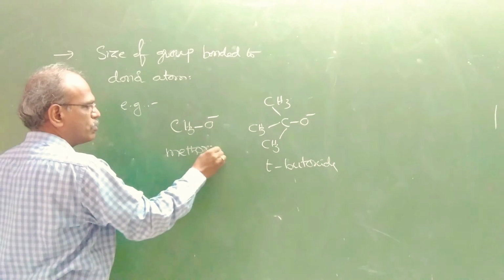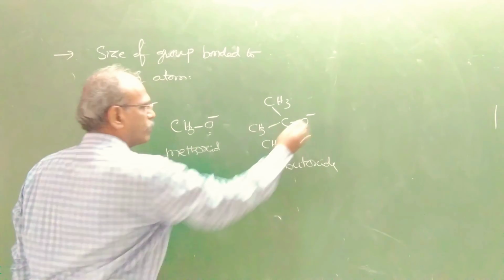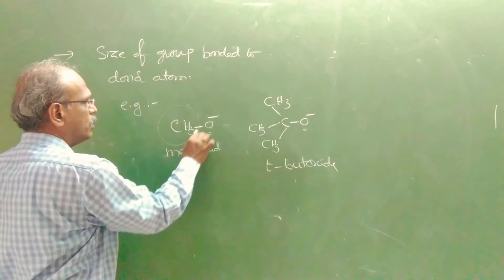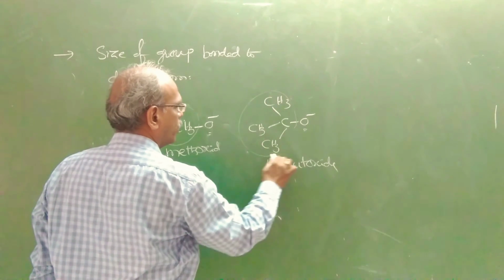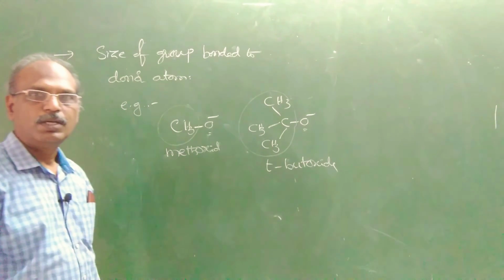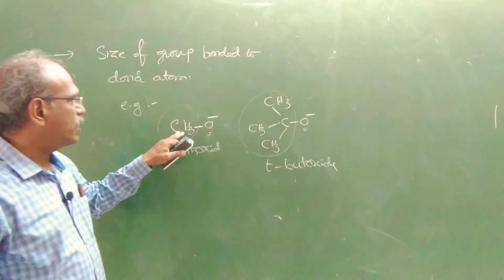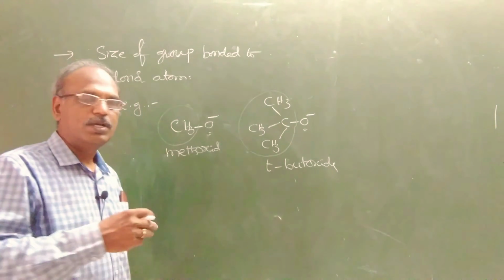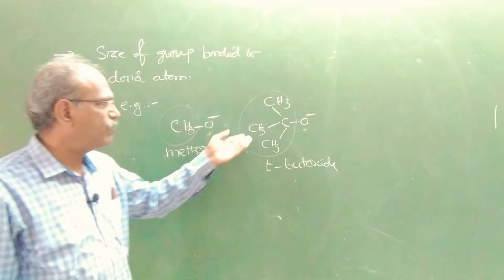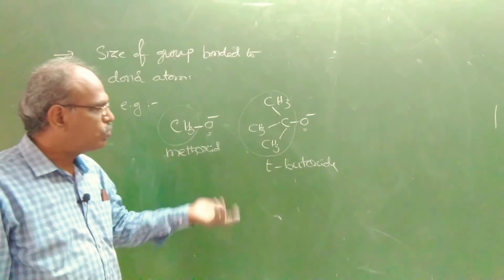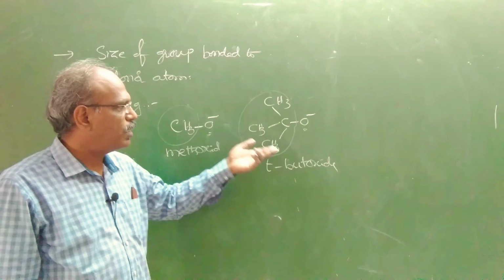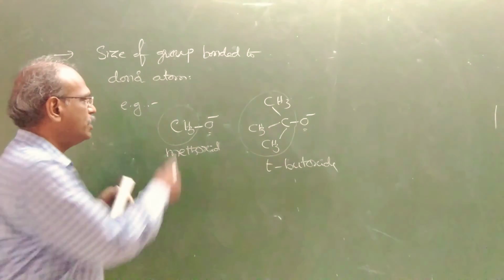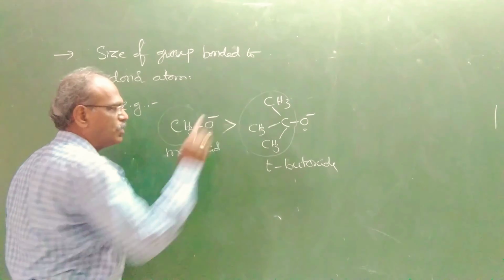In both cases, the donor atom is the same and the magnitude of charge is the same, but the only difference is the size of the alkyl group bonded to it. Generally, what do you expect? If size of alkyl increases, plus I effect increases, electron donating nature of this group increases. So we expect that it is the better nucleophile. But in fact, methoxide is stronger than this.